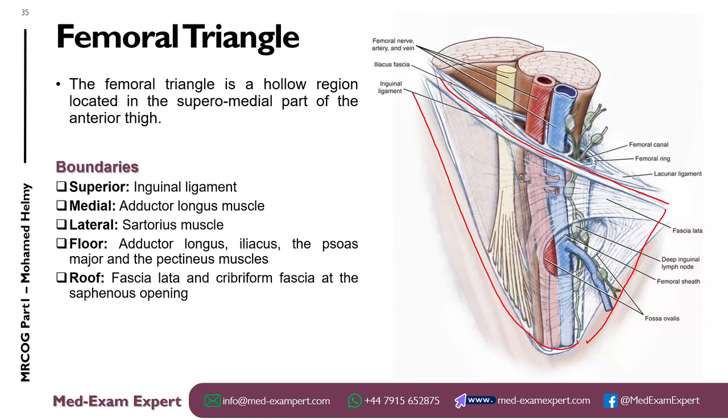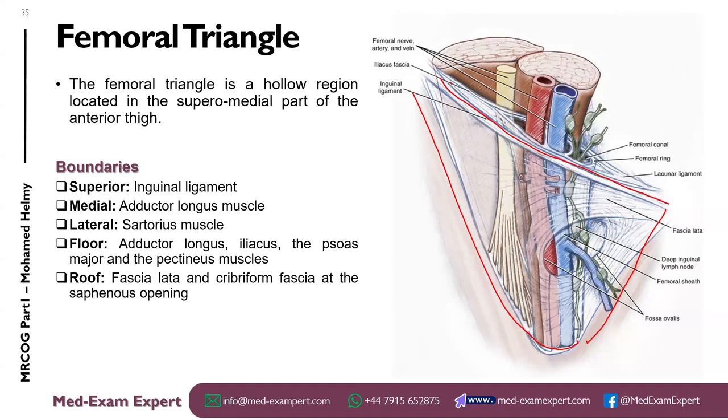Three of them make the triangle. And then the floor, from inside of the triangle, we have the muscles adductor longus, iliacus, psoas major, and pectineus. Of course, it's difficult to show them on a picture now, but just know the names of the muscles.